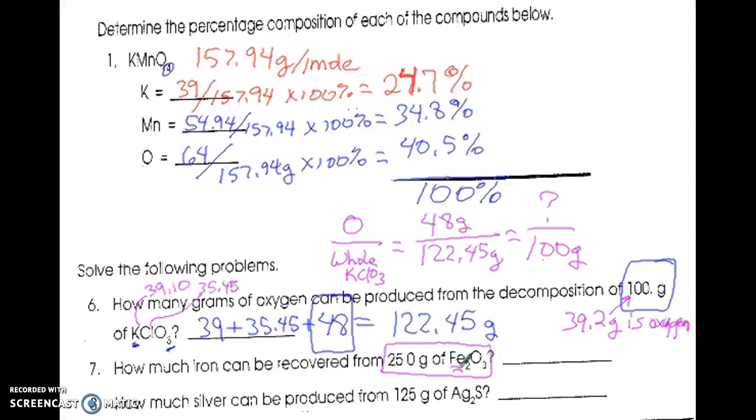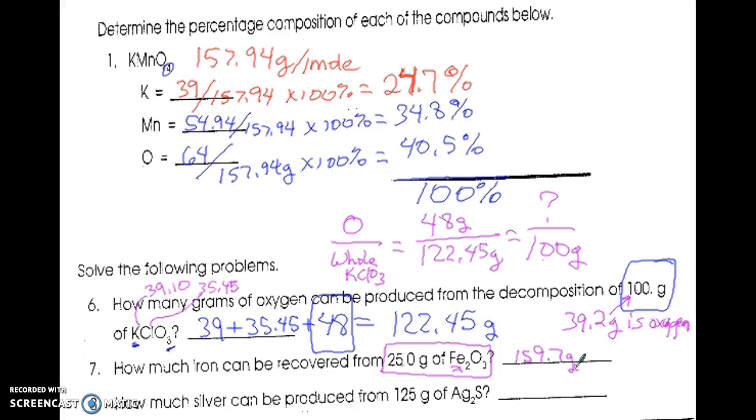Again, we're going to have to do the part over whole and then take it out of the 250. So I'm going to give you a minute to set that up, and then I'm going to put the answer on the board. Okay, the total of the iron(III) oxide is 159.7 grams.